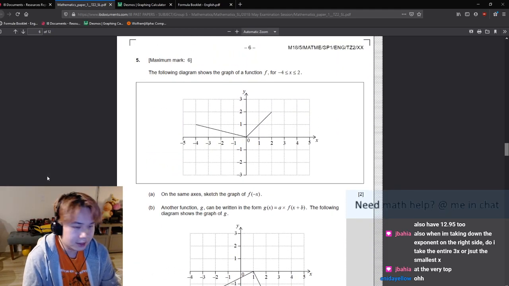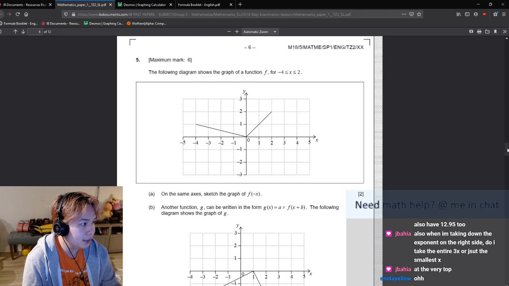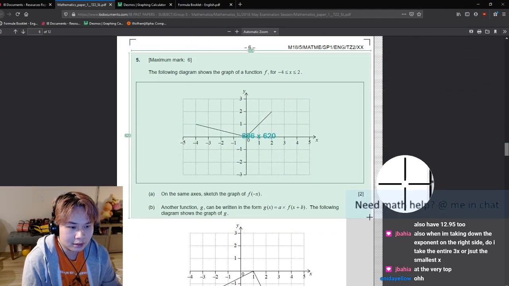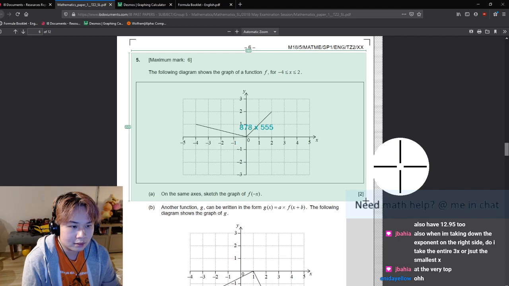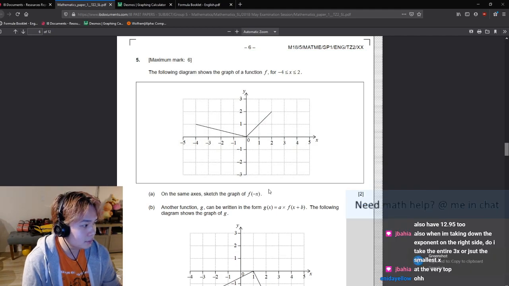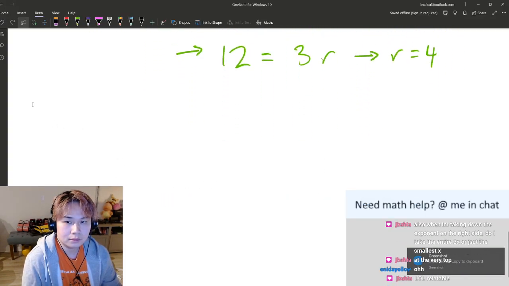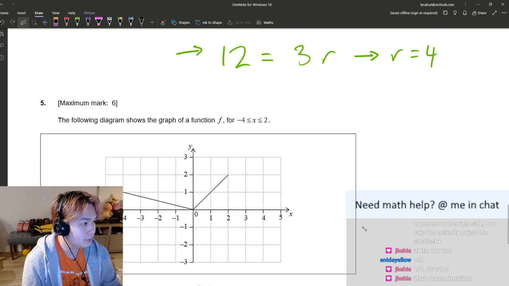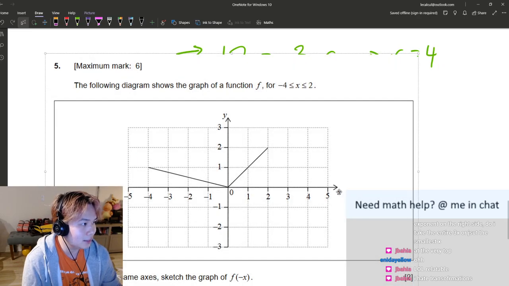Oh, okay. Function transformations. Something that should be simple, and yet somehow my class, which just had a test on this, did not do so great on. Transformations are so easy.